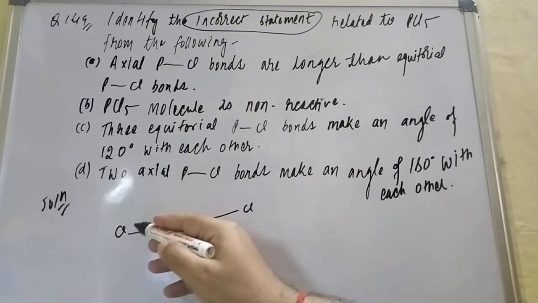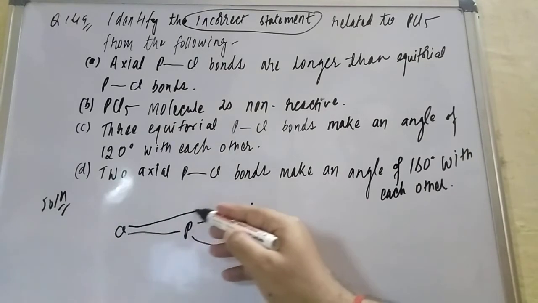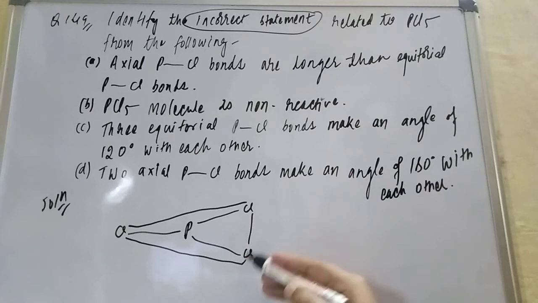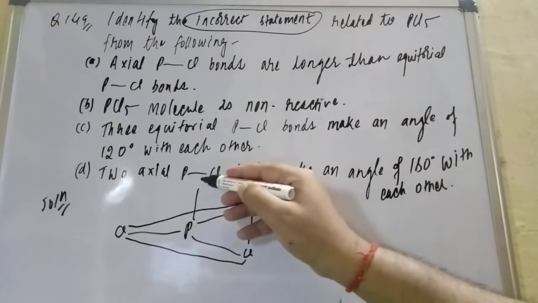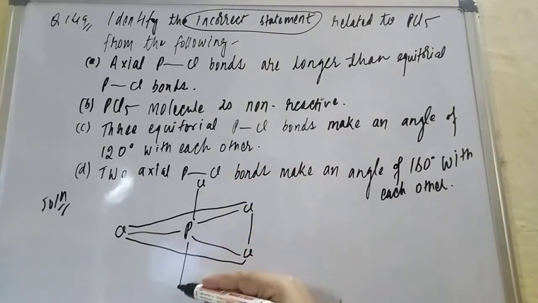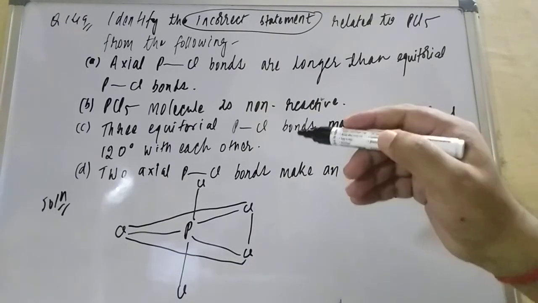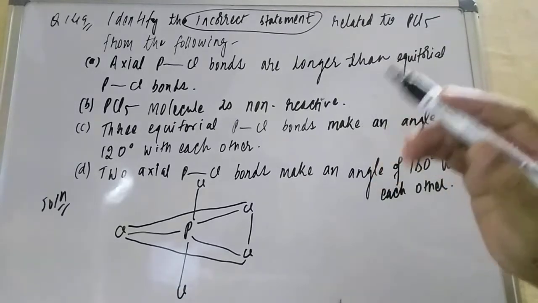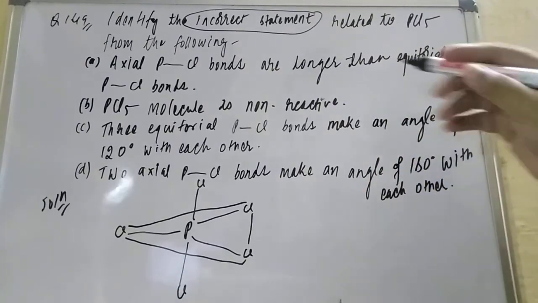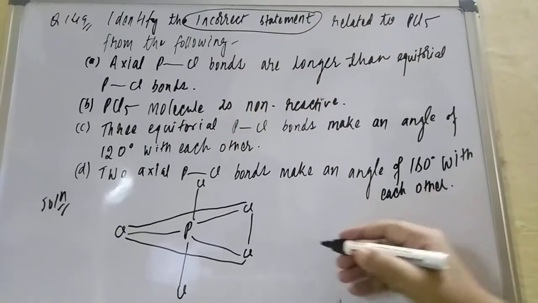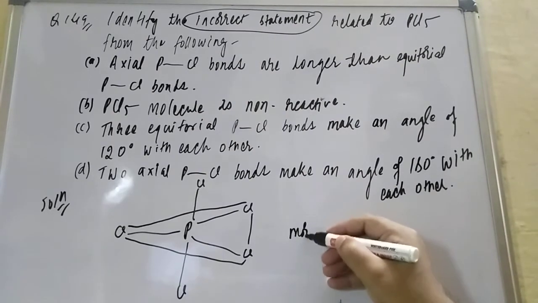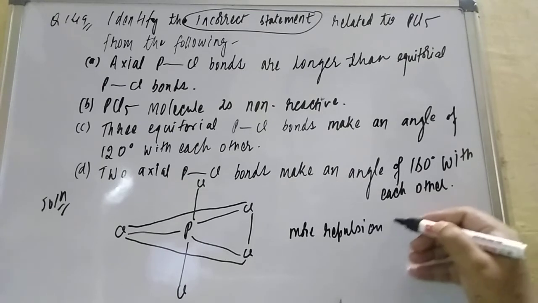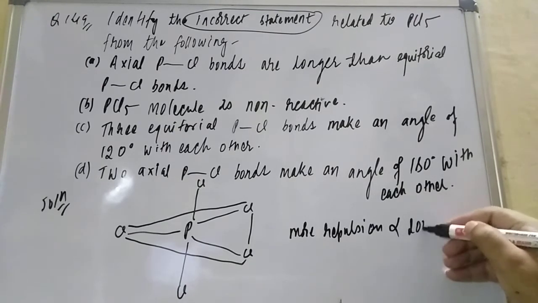These are known as the equatorial bonds, student, the corner bonds. And 2 bonds are also there, the axial bonds, top and bottom. So axial P-Cl bonds are longer than equatorial bonds. Okay, what they are saying, the axial bond is longer. With more repulsion, the bond is longer, proportional, the longer the bond.